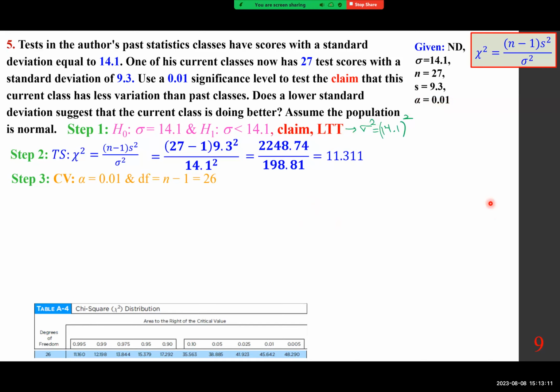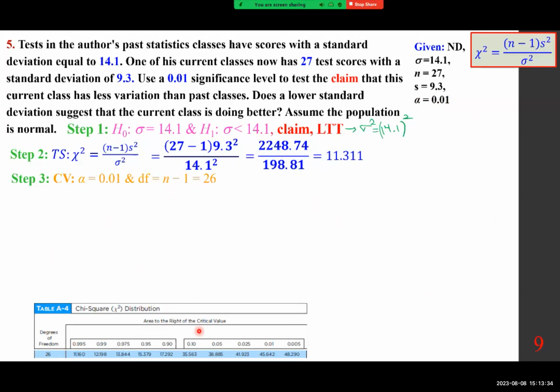What is the area to the right? 0.99. So if you look at a portion of the chi-square table, remember, the chi-square distribution is skewed to the right, and you need the area to the right. In this case, we look in the left column and go down until we hit 26, which is 27 minus 1.